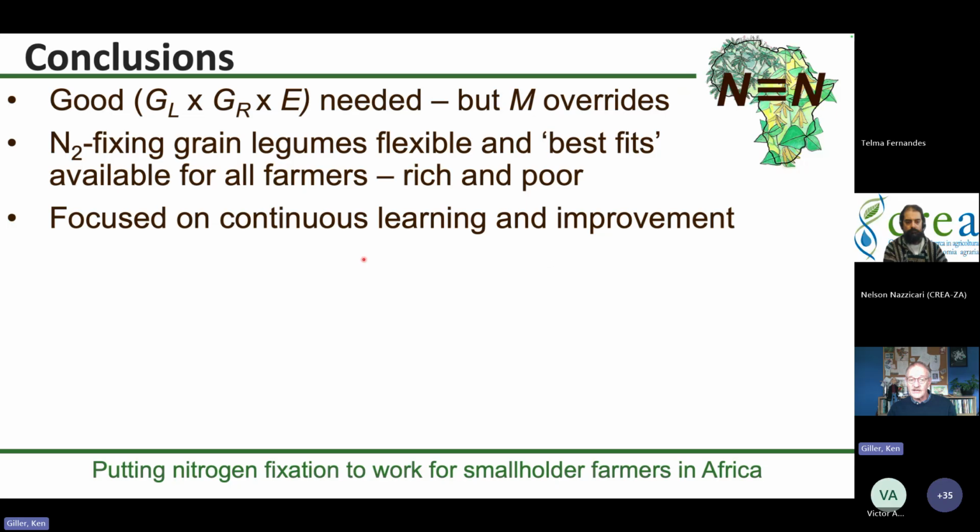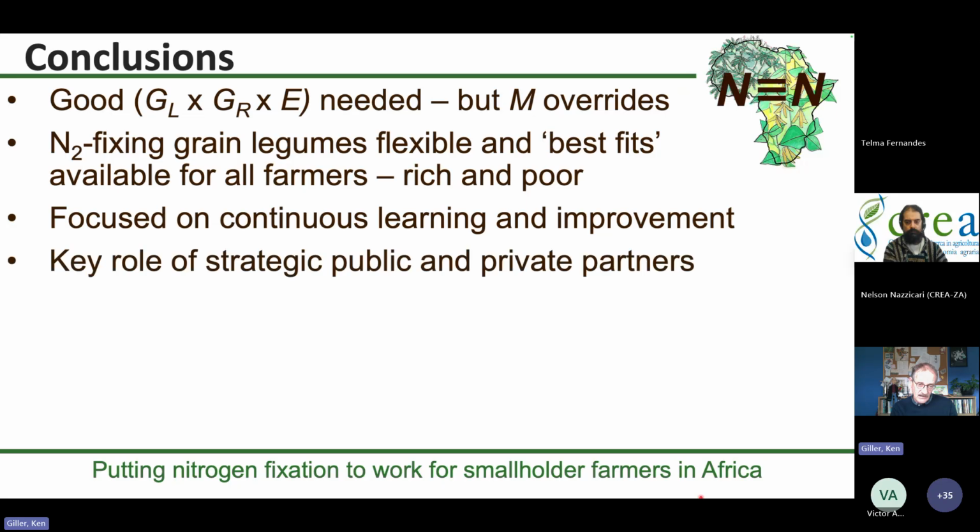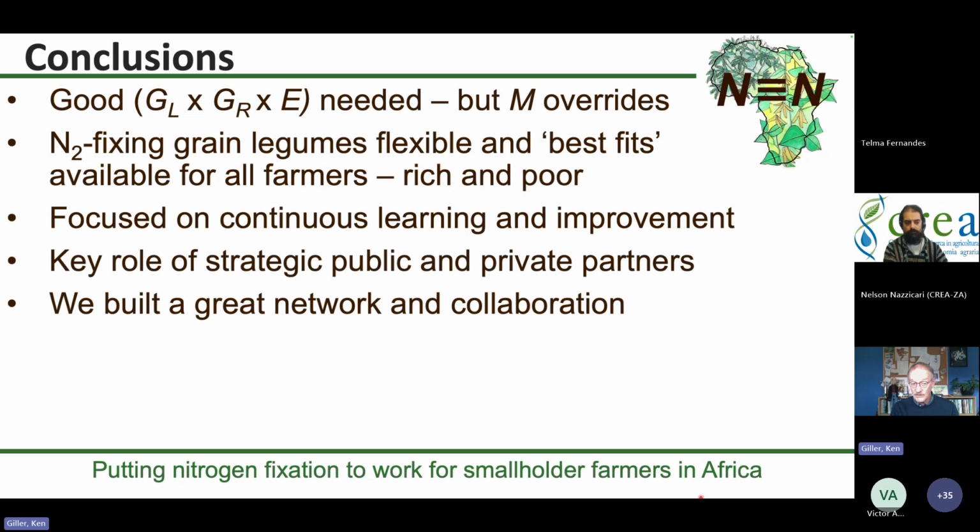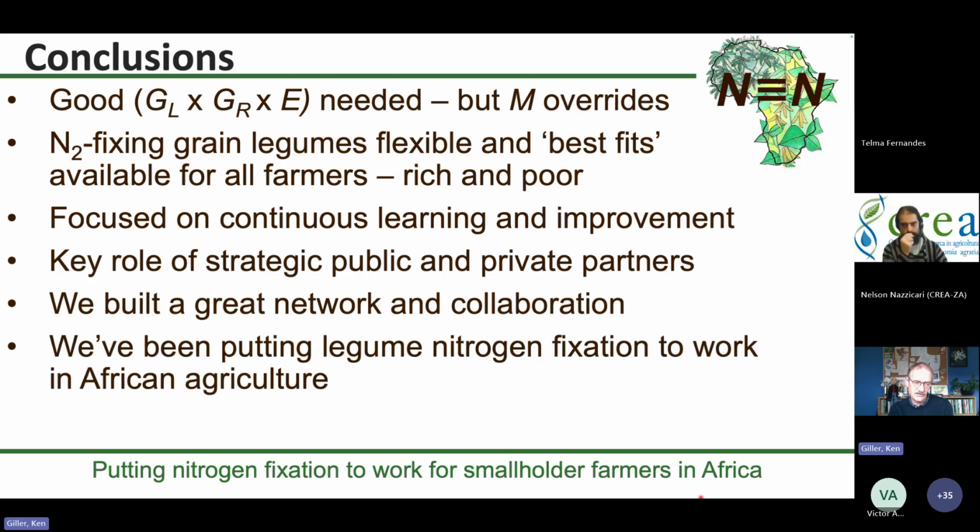We focused in N2Africa on this idea of continuous learning and improvement, and we continue to carry on learning, of course. There is a key role of strategic public and private partners in the project. I think we built a great network and collaboration across Africa, which is being carried forward by the many different researchers in the different countries.